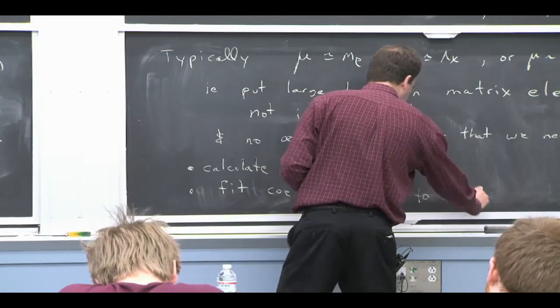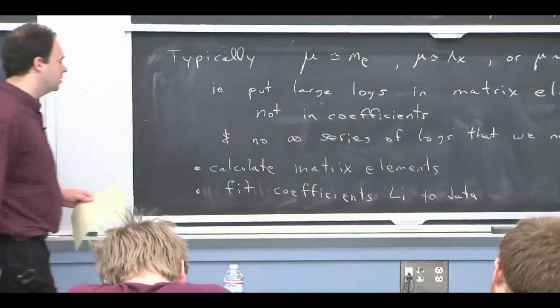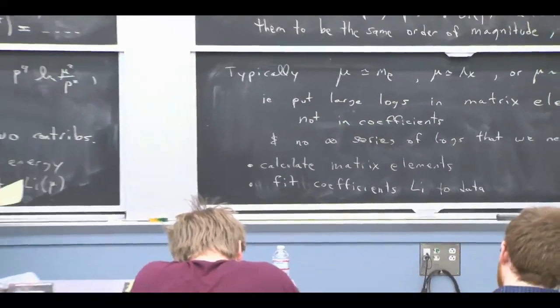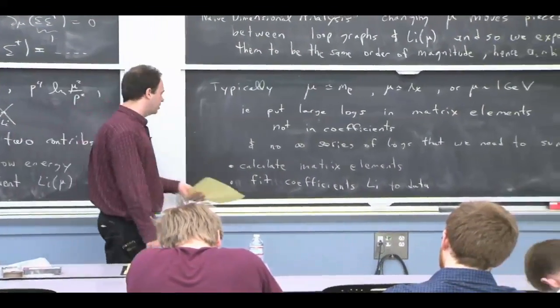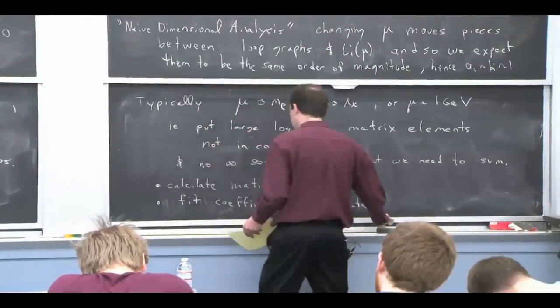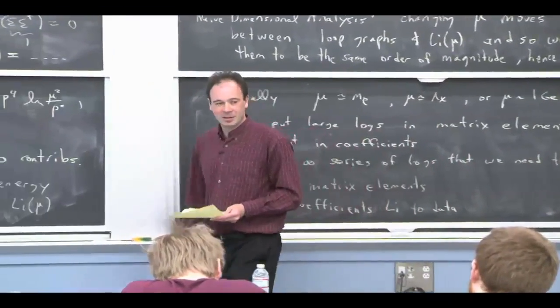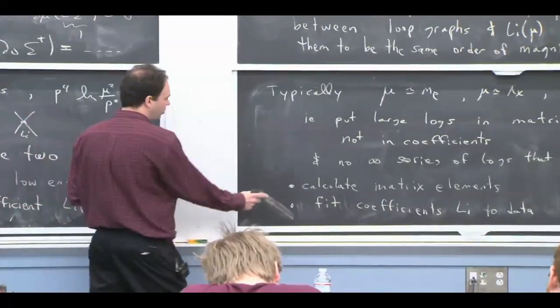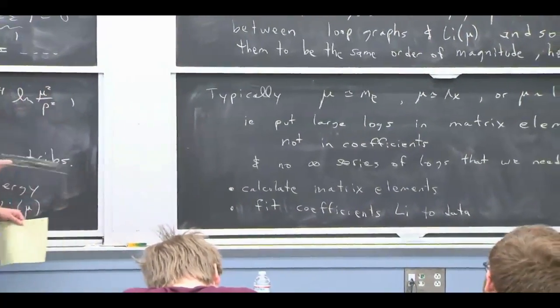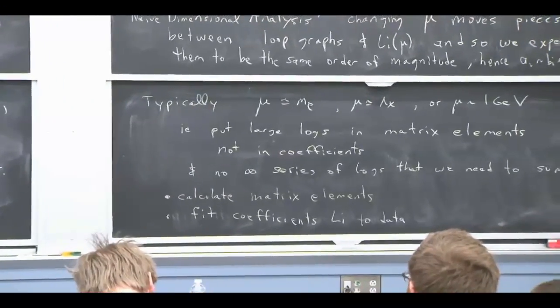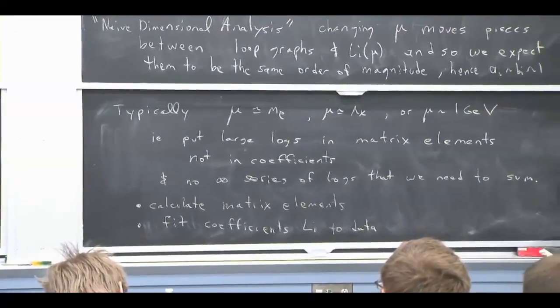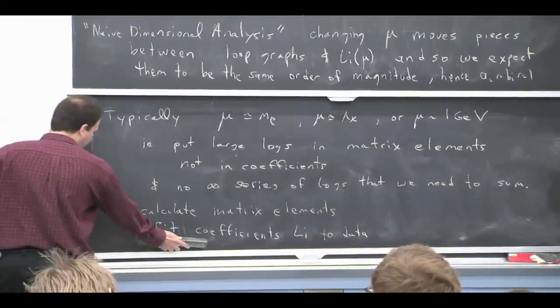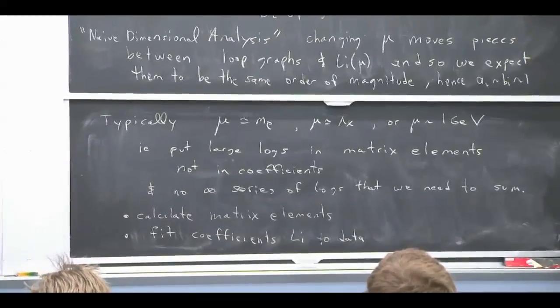And so typically the paradigm is you can calculate matrix elements, you fit the coefficients. You think of enough experiments such that you can get all the information about those coefficients, and then you can think of other experiments and make predictions. Now, as you go to higher orders in the theory, you get more coefficients because you have to construct higher dimension operators. And so fitting the coefficients gets harder and harder.